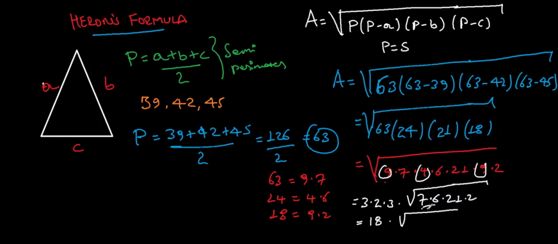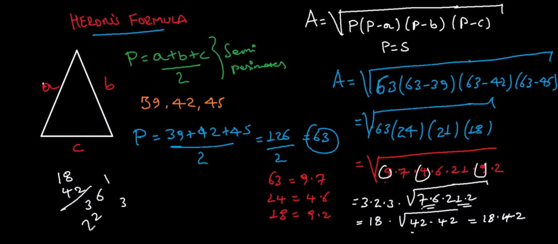Then here, 7 times 6 is 42, and 21 times 2 is 42. So the square root of 42 times 42 is 42. Then 18 times 42: 2 times 8 is 16, 2 times 1 is 2, plus 3, 4 times 8 is 32, and 4 times 1 is 4, plus 3, 7, so 756 units square.